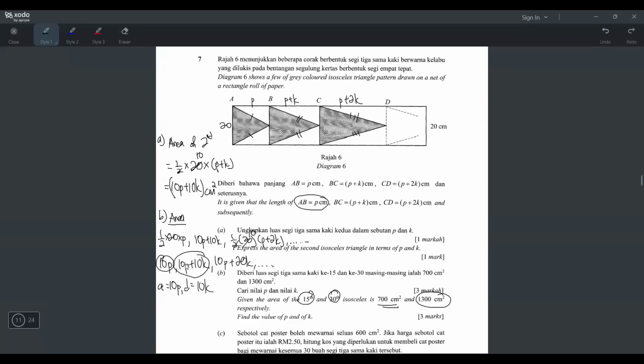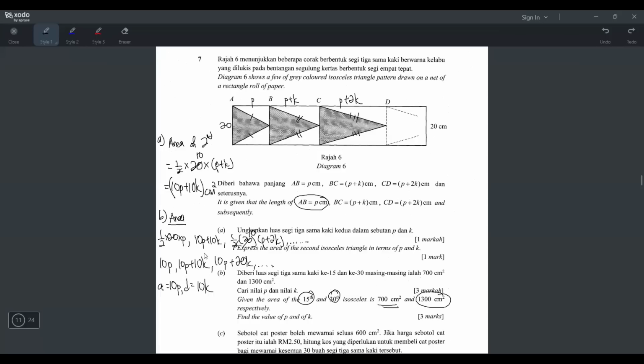This one is 10P, this one is 10P plus 10K, and the next one is 10P plus 20K. It means this is arithmetic, and the difference here is 10K, because the next term is always the last term plus 10K.